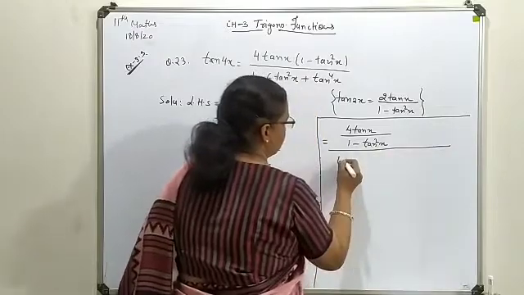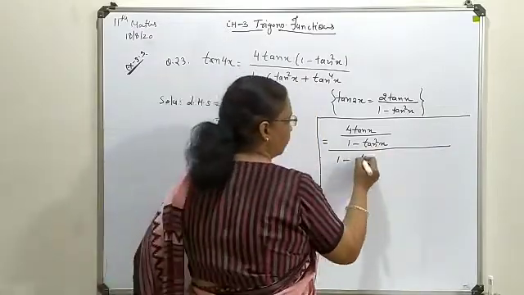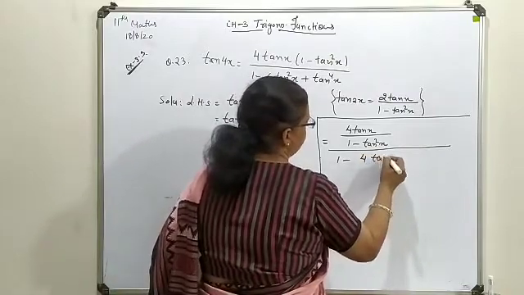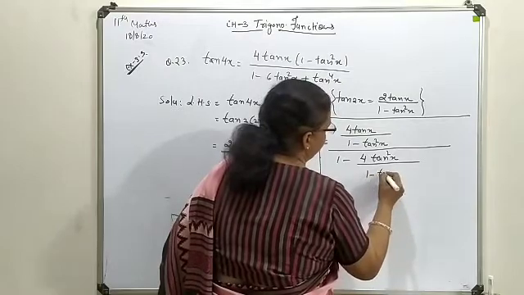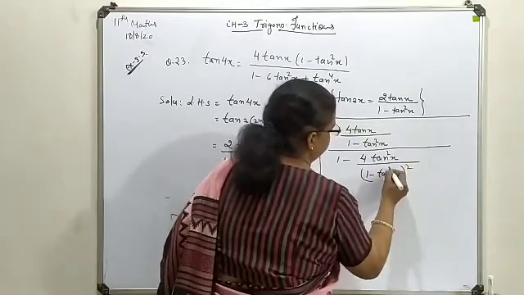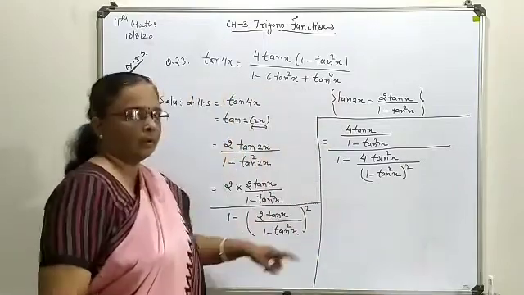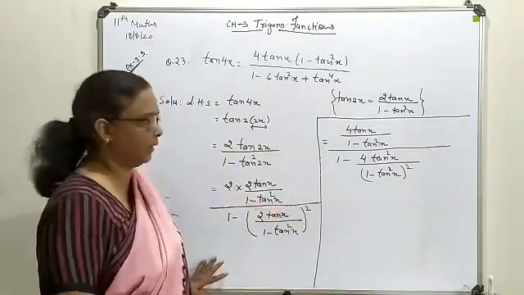Here you write square of this term. So 2 square is your 4 tan square x, whole over 1 minus tan square x whole square. Now here only the square we have written, nothing else we have changed.